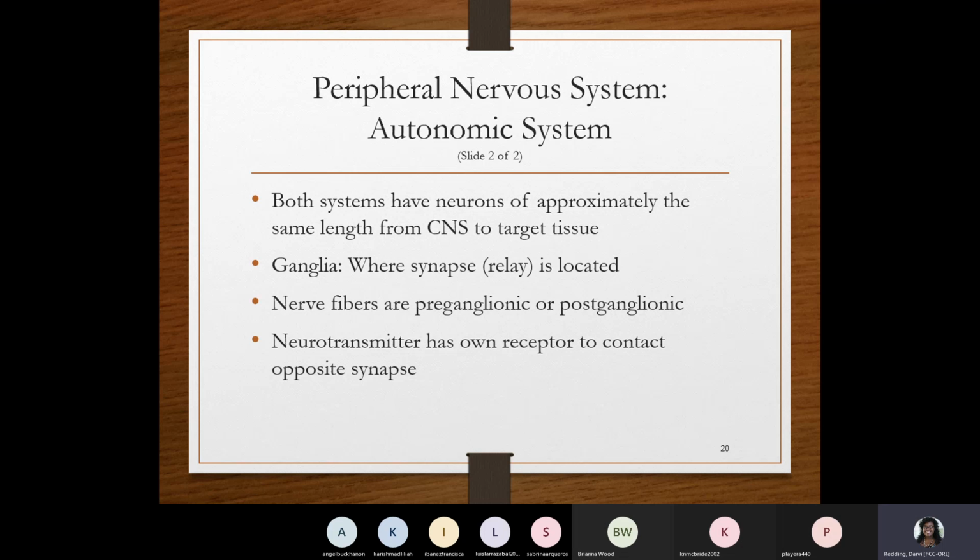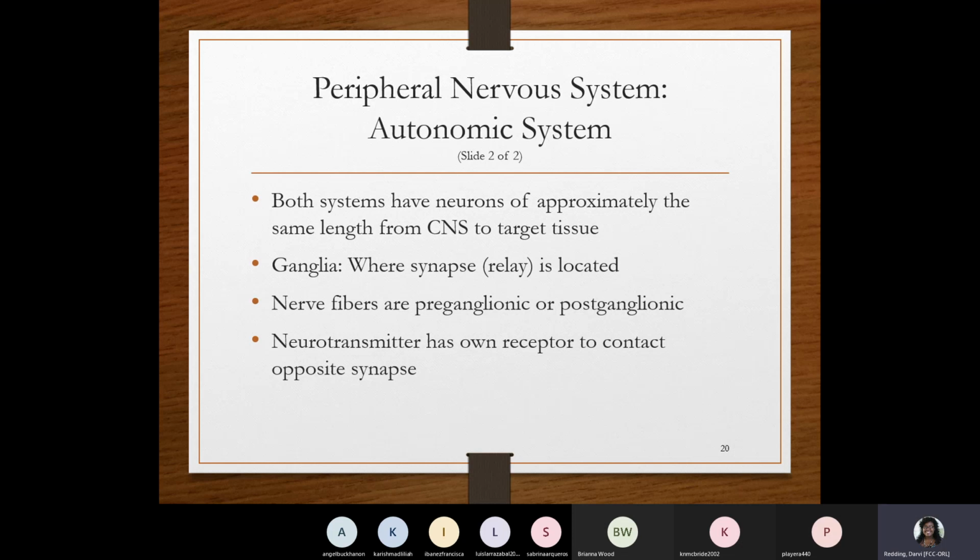And so in regards to the peripheral nervous system, we talked about the sympathetic nervous system and the parasympathetic nervous system. And so one of the main neurotransmitters of the sympathetic nervous system is norepinephrine and epinephrine. And so it has four main receptor types that respond to these neurotransmitters.